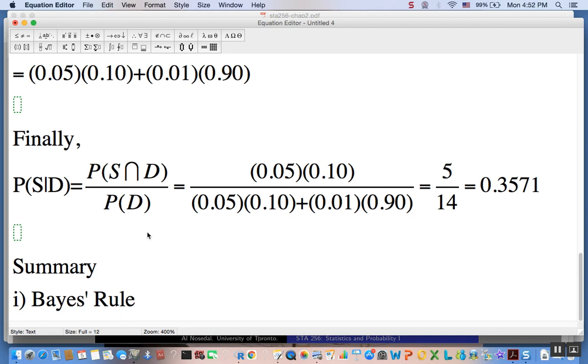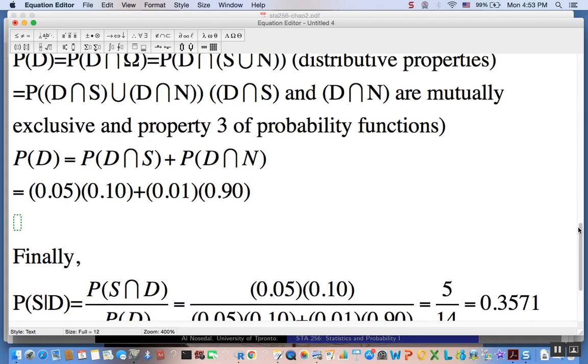When you want to reverse a probability like this, you have to use Bayes' rule, which is basically using the definition of conditional probability to find the numerator of this expression, and then using that decomposition, that partition of the sample space, and using again the definition of conditional probability to find the probability of these intersections.